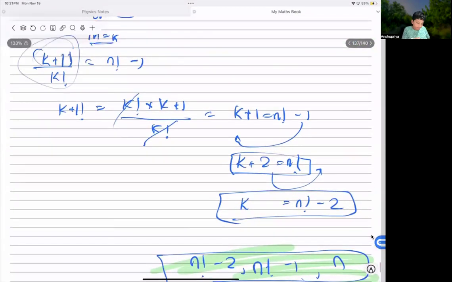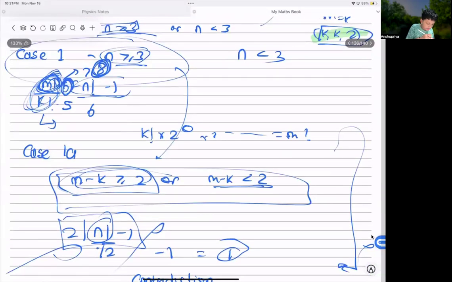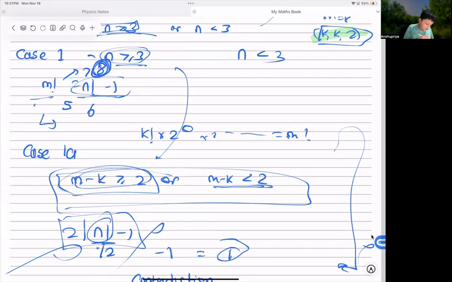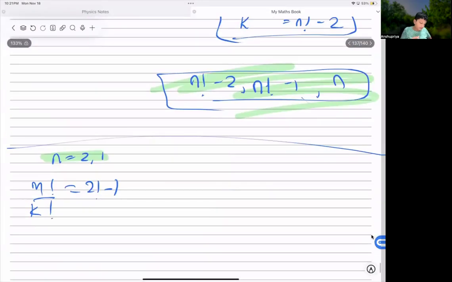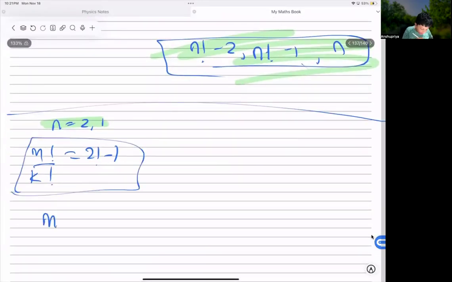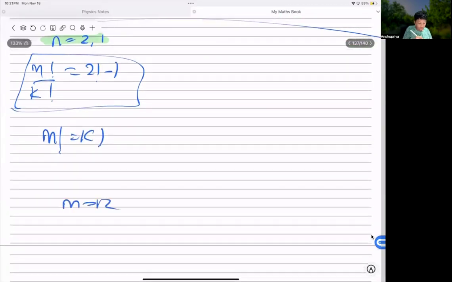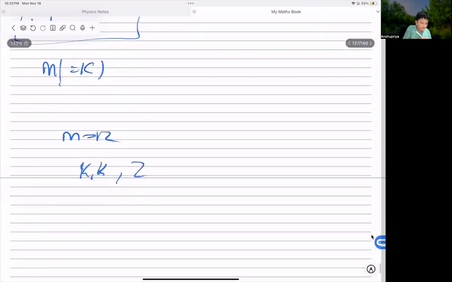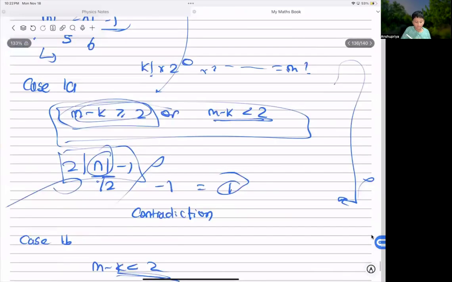I'll remove this so it will be easier for you to visualize. We have m factorial is equal to k factorial. So m is equal to k. We have (k, k, 2) again, the same case as the previous case.